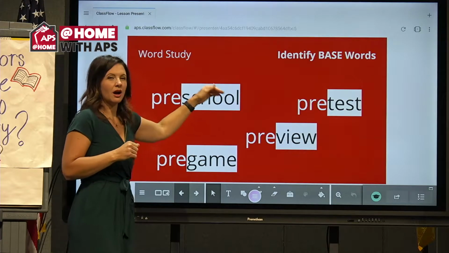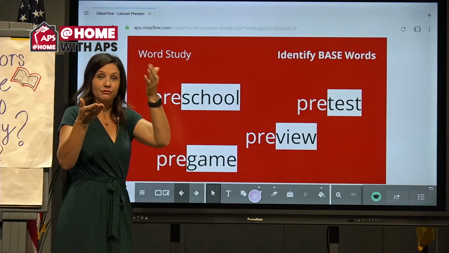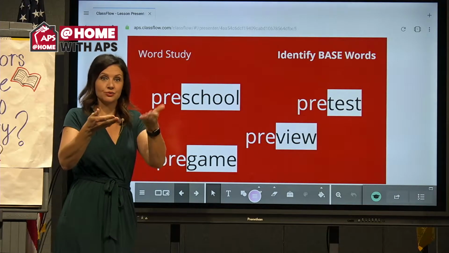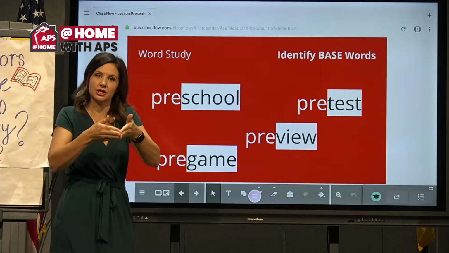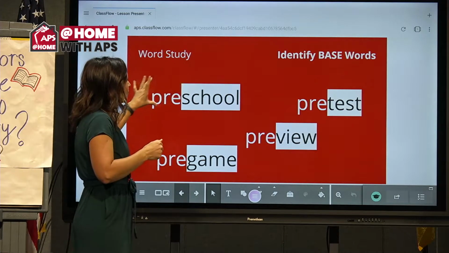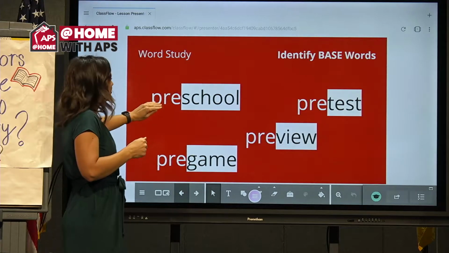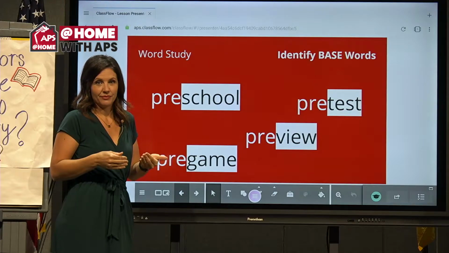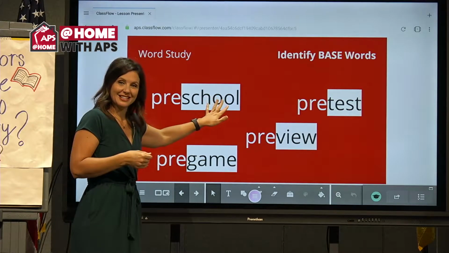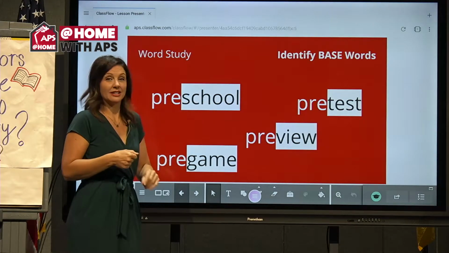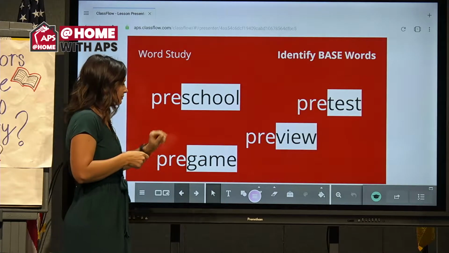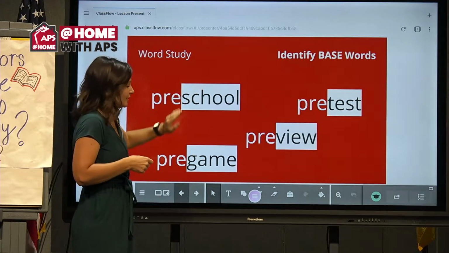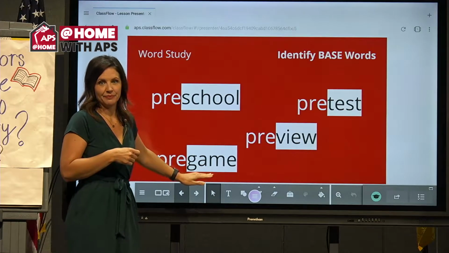Now, this isn't a compound word like butterfly, classroom. Those are called compound words. In the word preschool, pre on its own is not a word, but school is. School is our base word. Below preschool, you'll see pre-game.